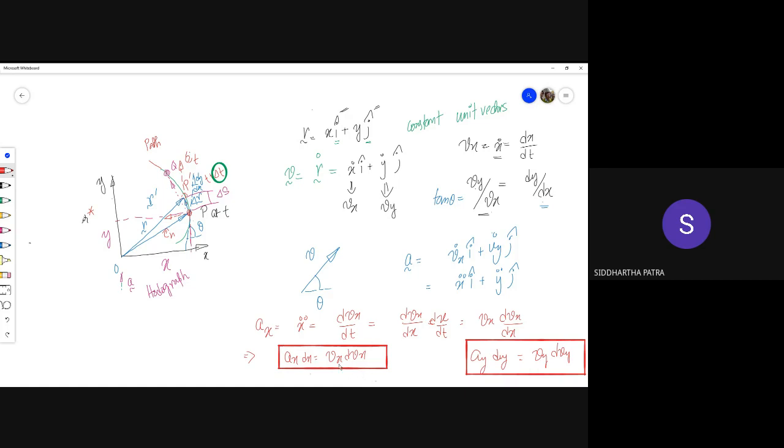It's as if the particle, while going from p to p prime, has moved this much vertically and this much horizontally. But that's not the case.